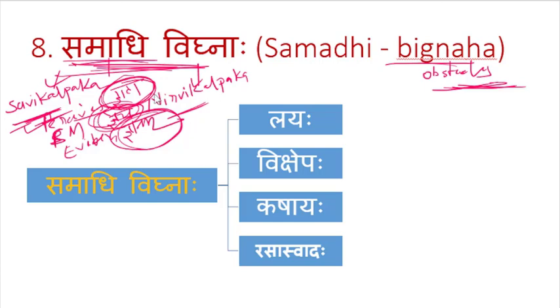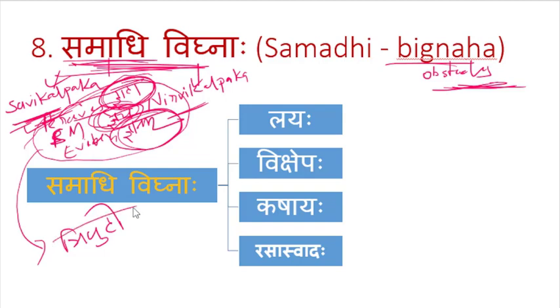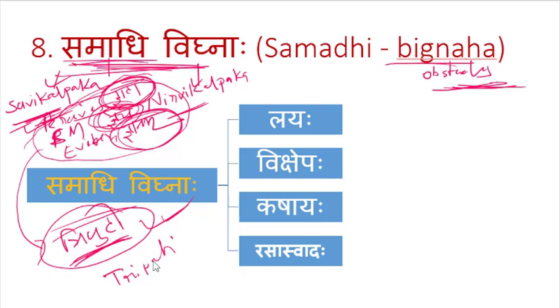So when all these three are present, Jnata, Jneya and Jnanam, the pursuer, subject matter and evidence, it is called Triputi. In other texts, this word is used, Triputi, remember. Wherever you see the word Triputi, they are talking about this. This is all about Savikalpaka.